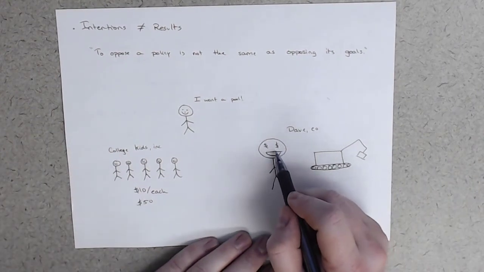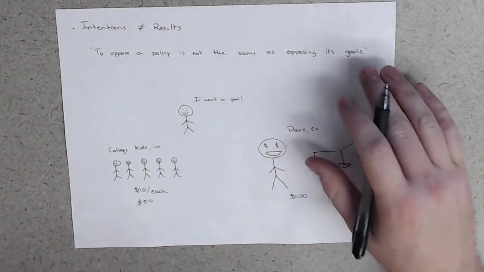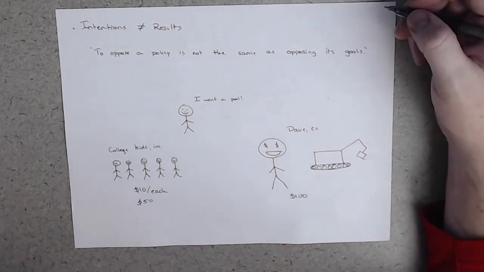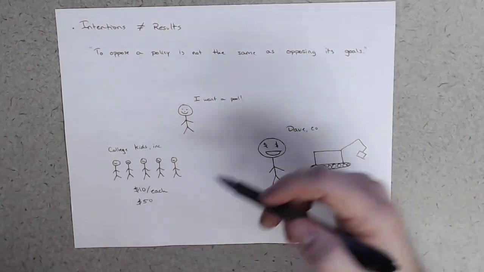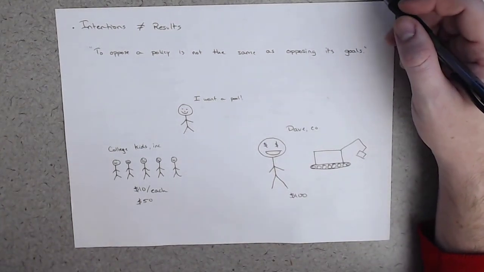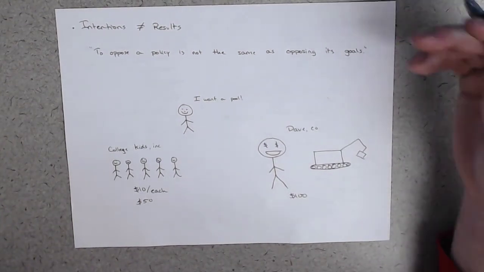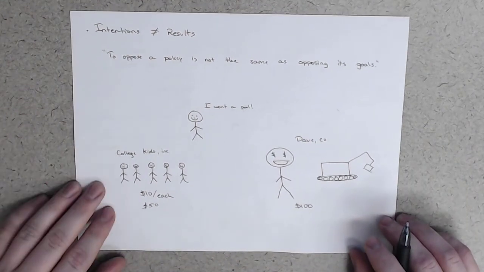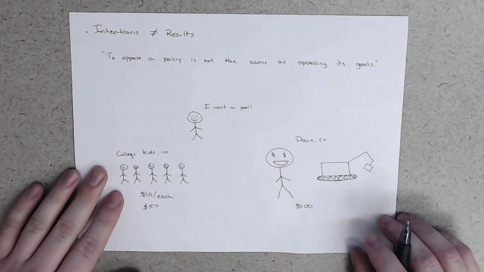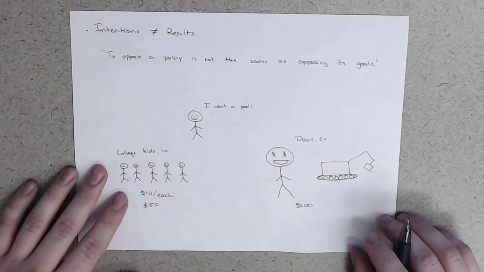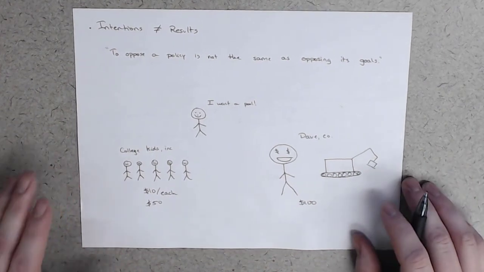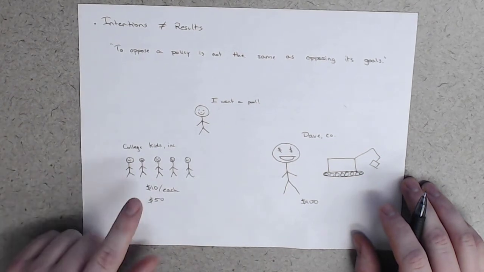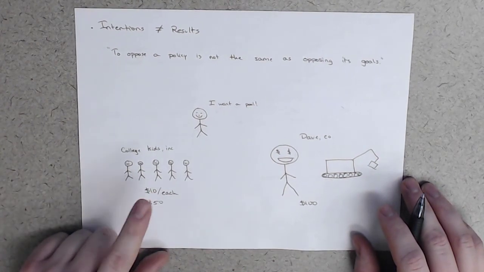But then I turn angry, and I turn to you and say, how dare you? How dare you only pay college kids $10 each for your swimming pool? That's nowhere near a living wage. They're in debt. They need to pay for their tuition, pay off their loans, have something to eat that's above ramen noodles. You are oppressing them with such a low wage of $10.